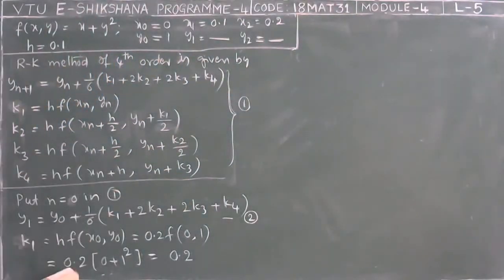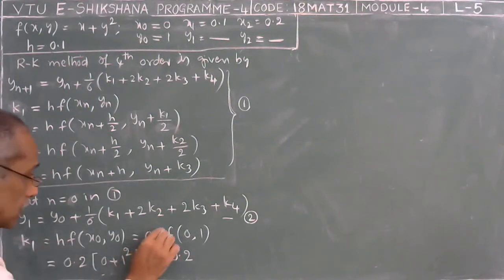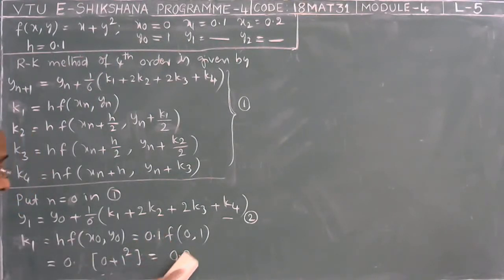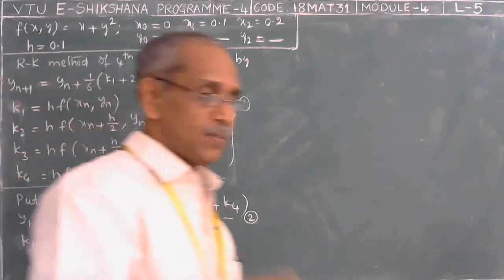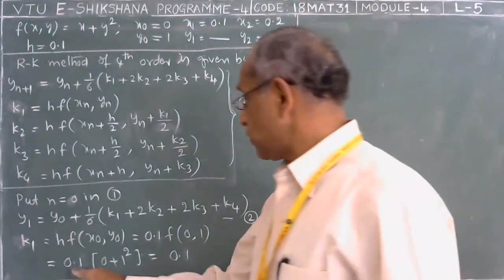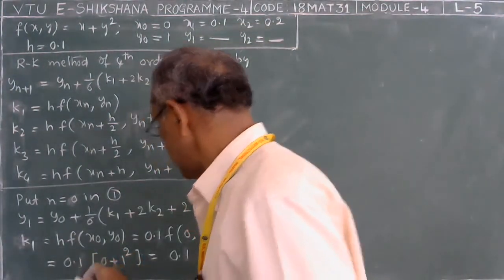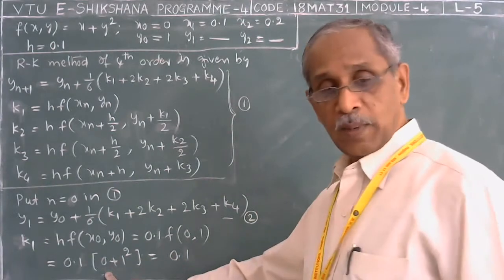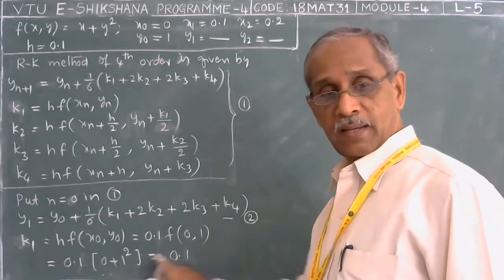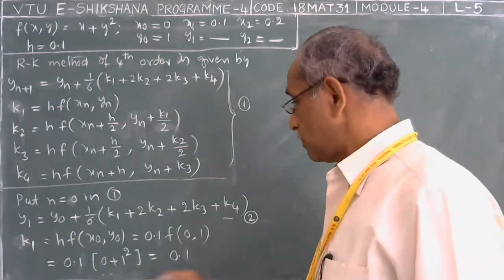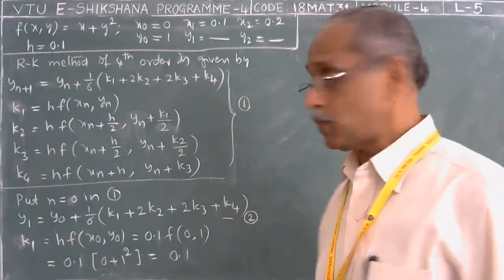H is 0.1 in this problem, the previous problem also. So 0.1 into 0 plus 1 square is equal to 0.1. So k1 is 0.1.